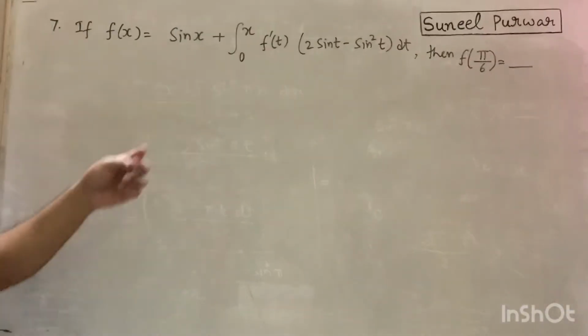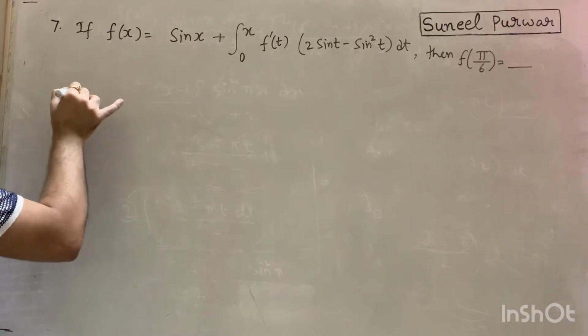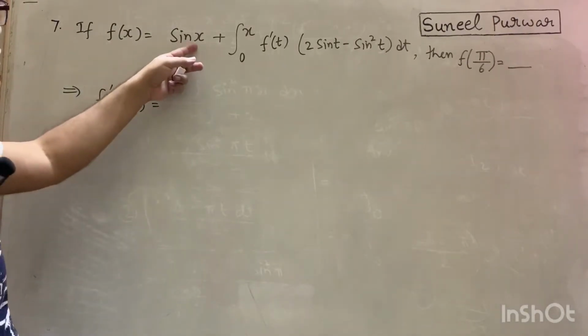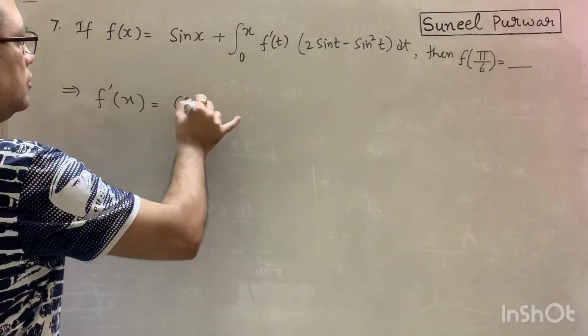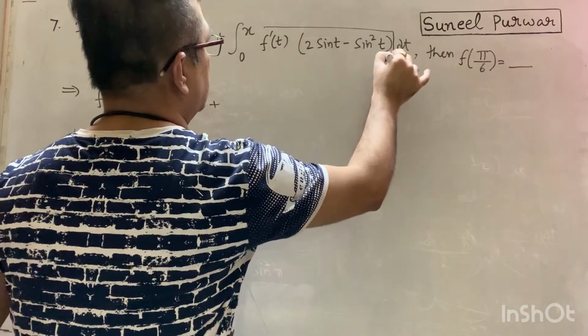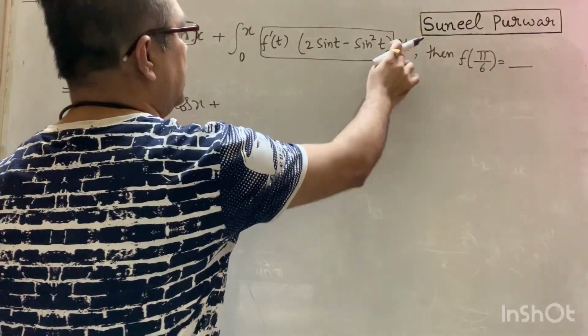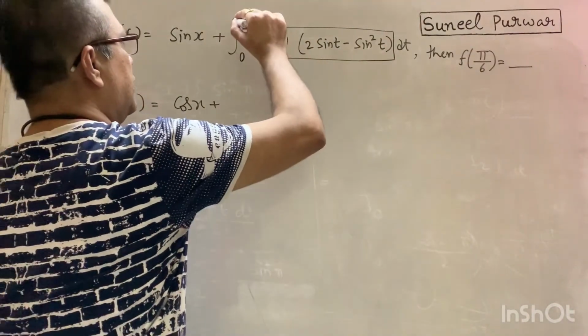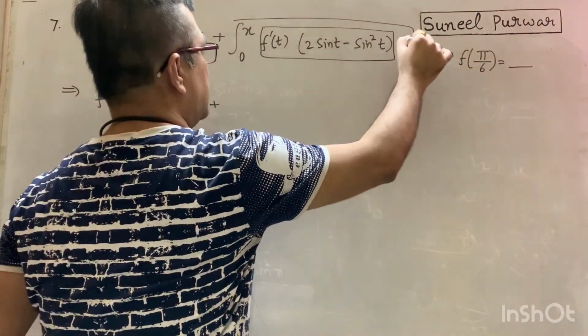So let's differentiate both sides. So f dash x is equal to, this derivative will become cos x. Now this is function of t dt. After applying the limits, this will become function of x. This whole thing is now function of x.